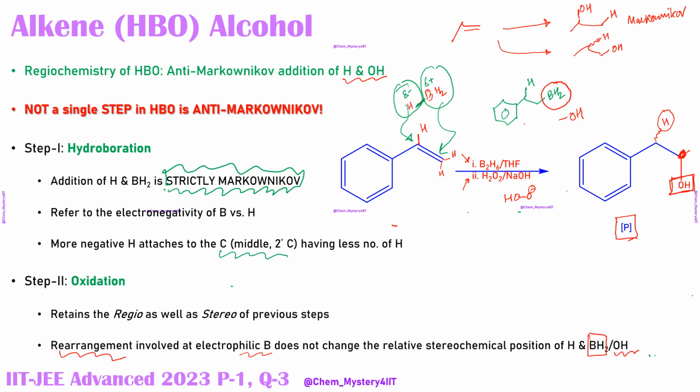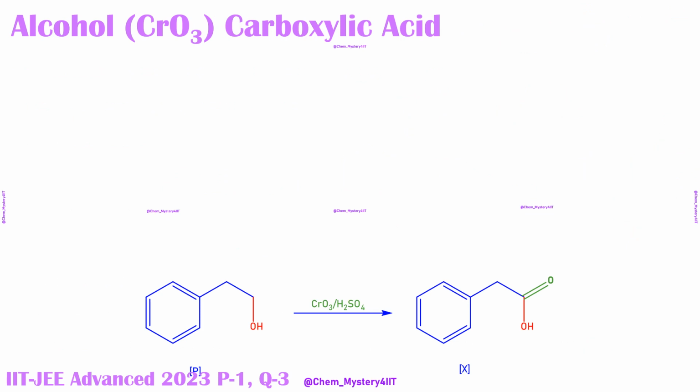The idea is BH2 and OH do not attach from different sides. To whichever side BH2 was attached, from the same side OH is also attached in the final product. Okay, so that was hydroboration oxidation, giving you the terminal alcohol in the end after this first step.